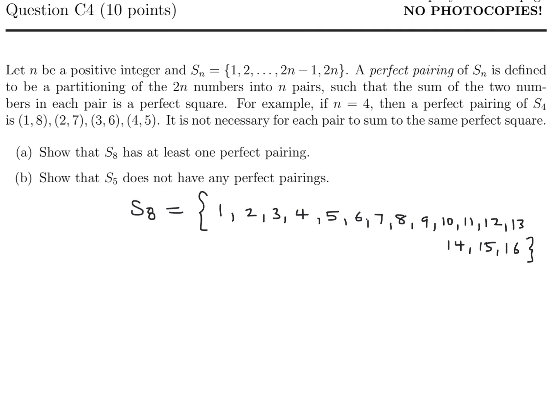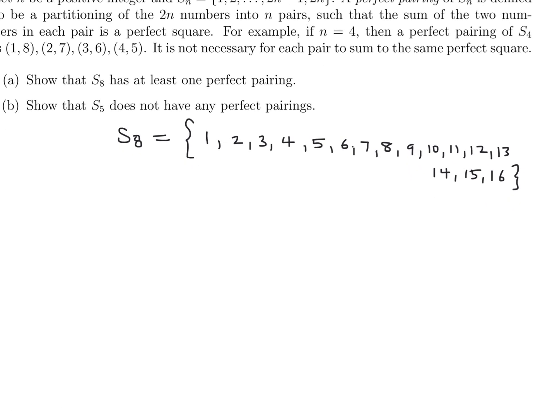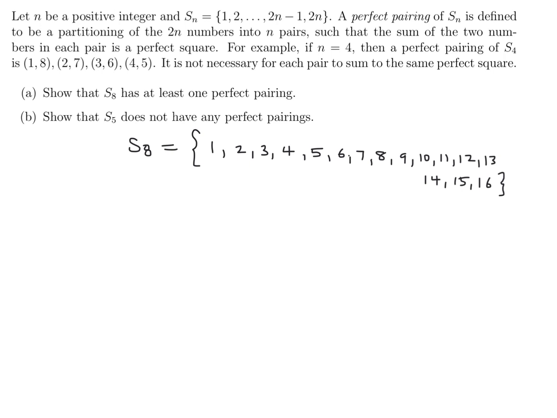So what we have to do is arrange these 16 integers into pairs. So how many pairs? 8 pairs. And the goal is that the sum of the two numbers in each pair is a perfect square.